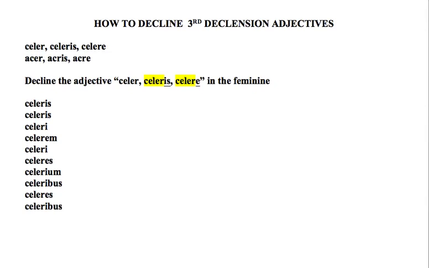So hopefully this has given you a pretty good understanding of how to decline third declension adjectives. If you have any questions about it, you should make sure to ask. What you might want to do is try to practice doing some writing first with the flashcards, and if you're getting things incorrect, send me an email and I'll try to help you straighten things out.